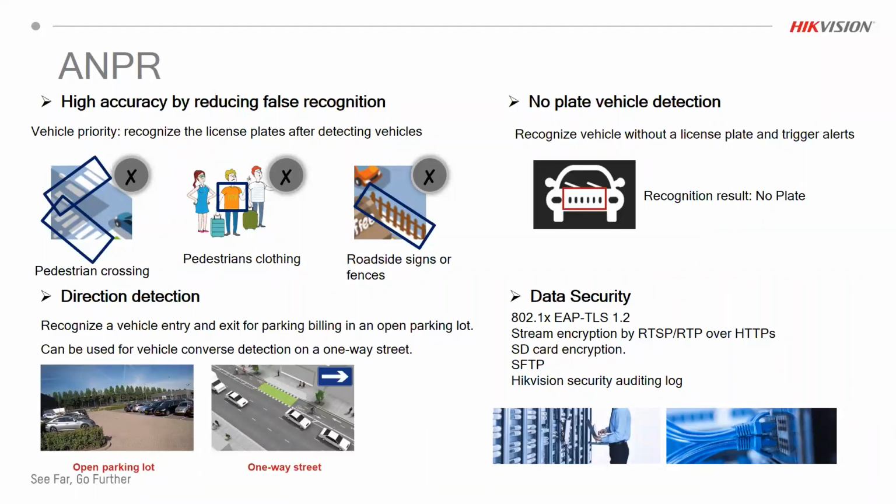Direction detection is also another feature, where we can capture and recognize vehicles entering and exiting areas, such as unmanned parking areas. We also support vehicle directional counting and wrong direction alerts, i.e. vehicles going in the wrong direction down a one-way street. Data security has also been improved across multiple protocols and media.